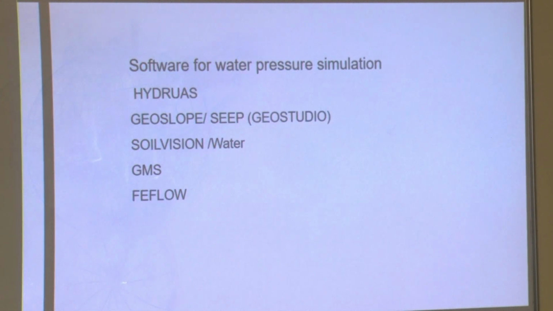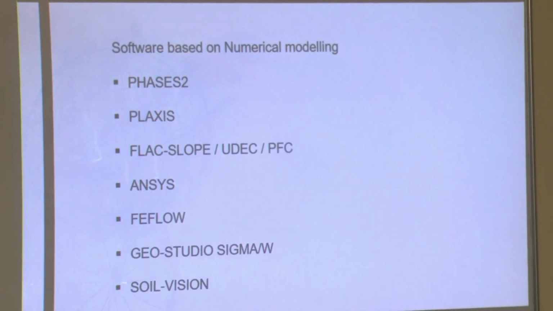Then for software based on hydro simulation, we generally use SEEP or hydro slope as well as HYDRUS. In our case here, in numerical methods there are many, though use of ANSYS is very limited in rock slope or soil slope.